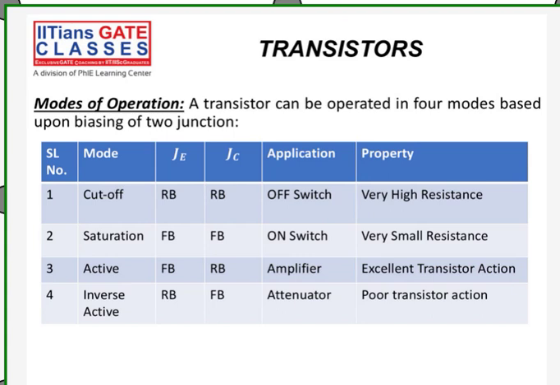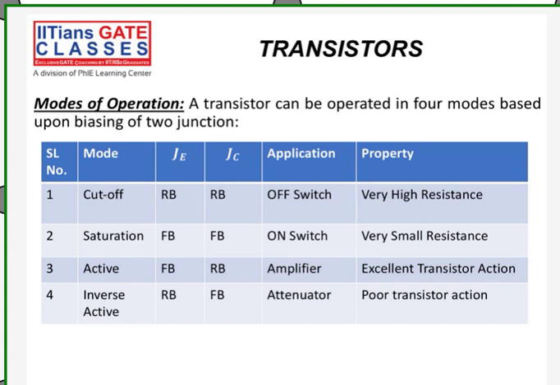In transistors, I clearly explained the various types of transistors. Among them, the basic transistor was BJT, bipolar junction transistor. Why it is called bipolar junction transistor, that also we'll discuss. In the last class, I talked about the modes of operation of a transistor. In this, we have four modes.